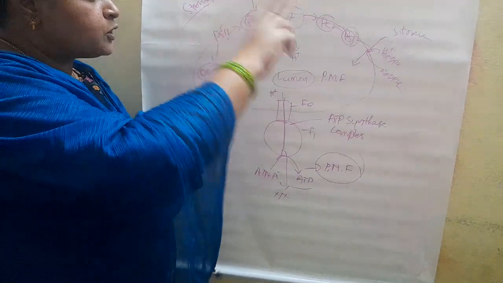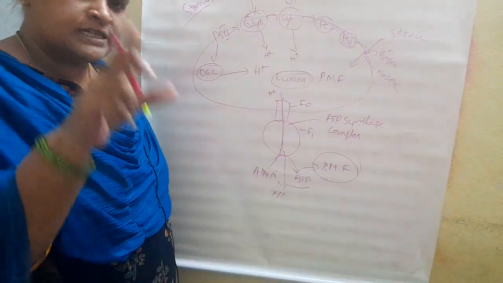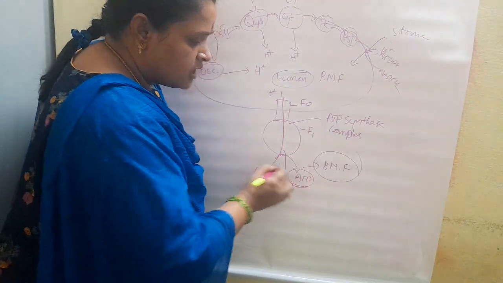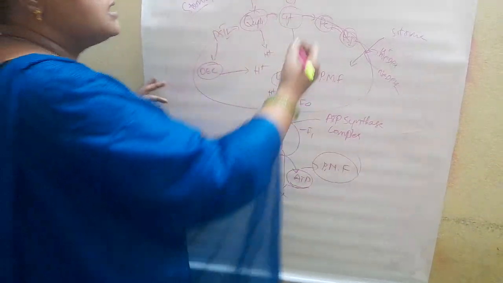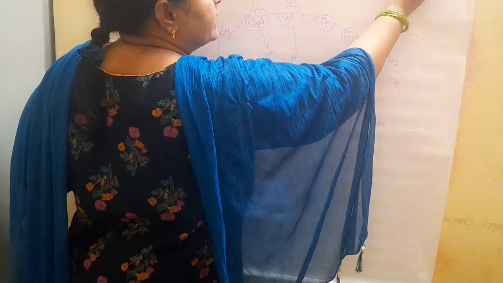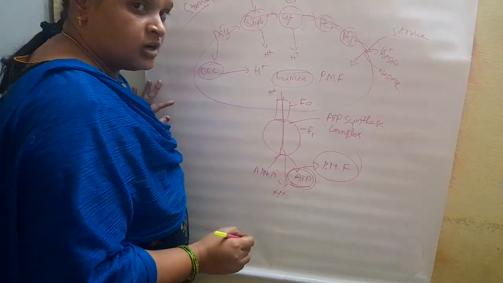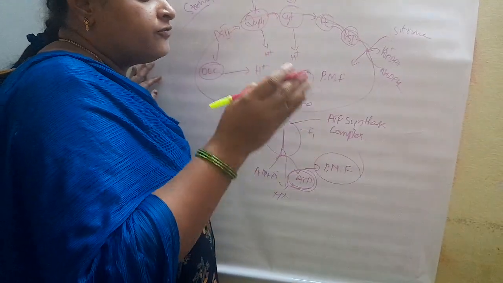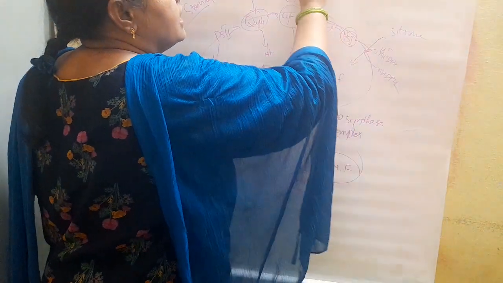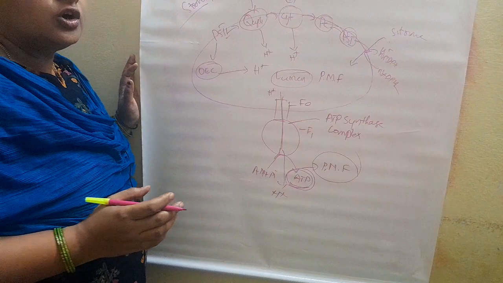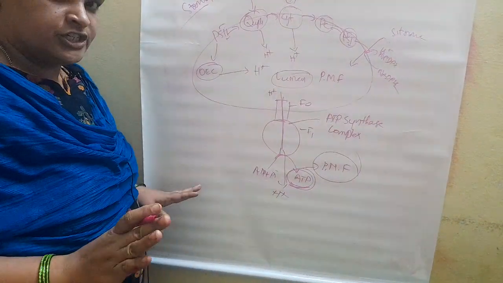Okay, so this entire process takes place in the presence of light, right? Here the formation of ATP is called phosphorylation. It occurs in the presence of light, so it is called photophosphorylation.